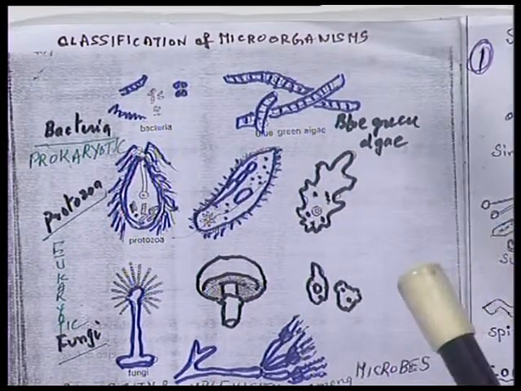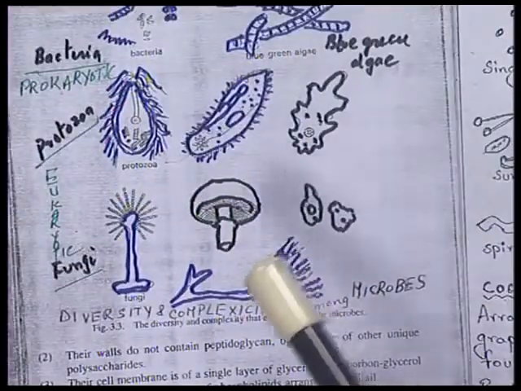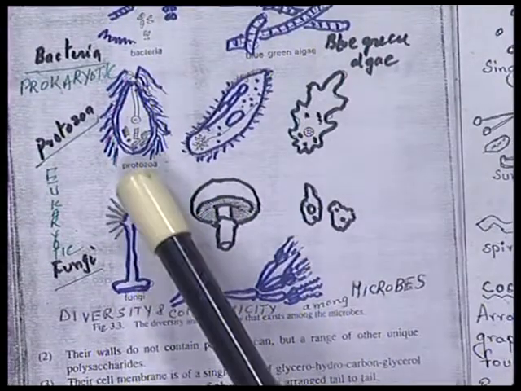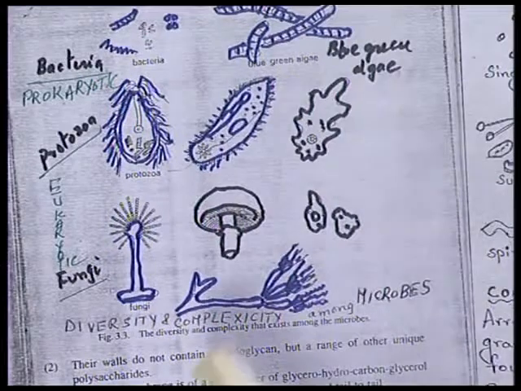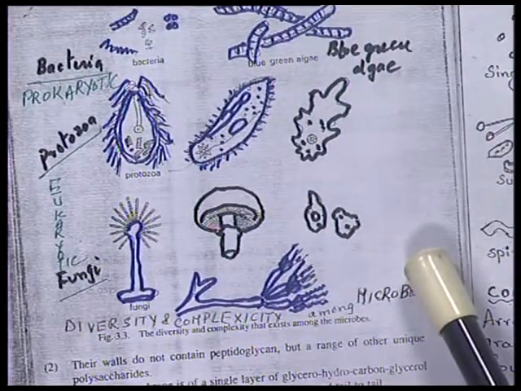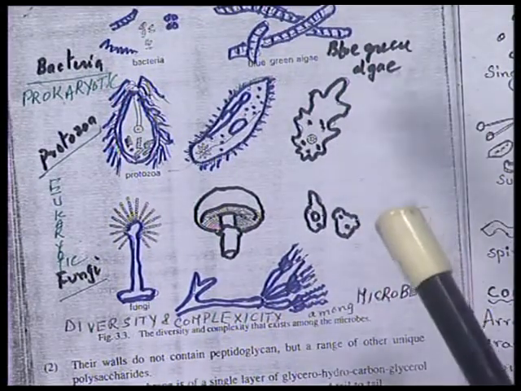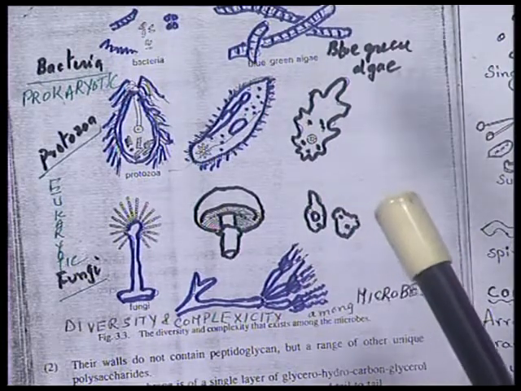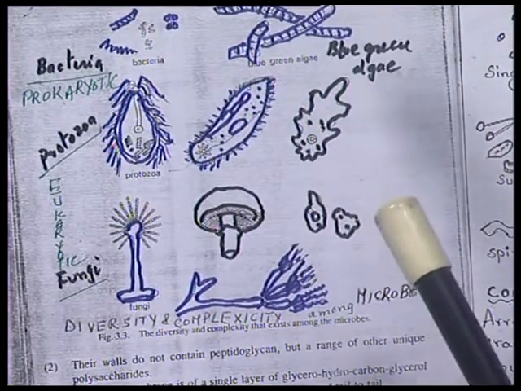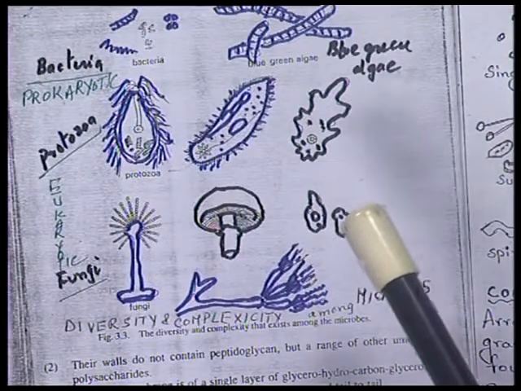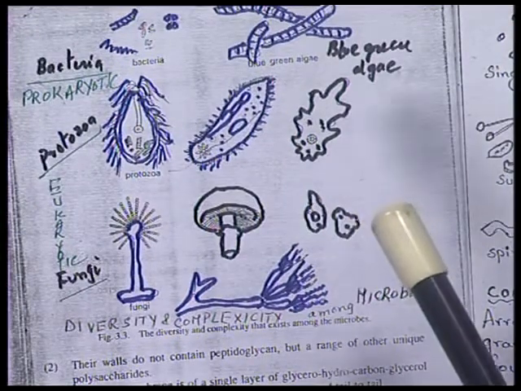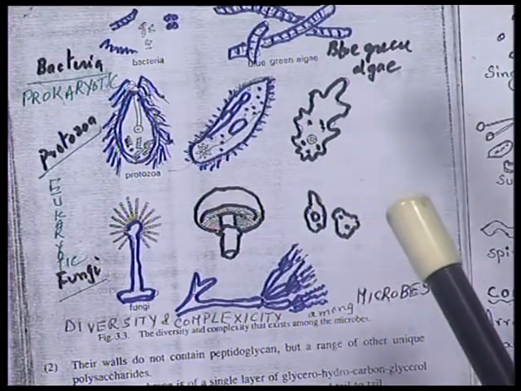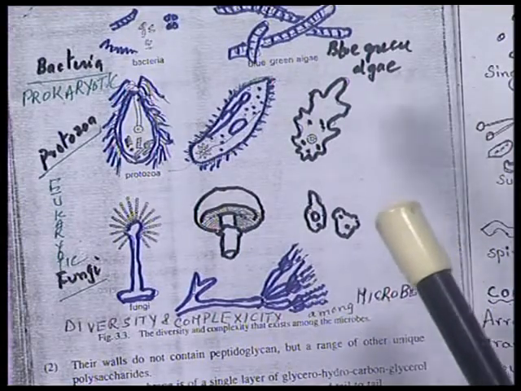The others are protozoa and fungi, different varieties of protozoa and different varieties of fungi. So this is the nominal classification of various bacteria that are studied, and because of the advent of microscopic techniques and the electron microscope, we are able to find out the finer structures of bacteria.